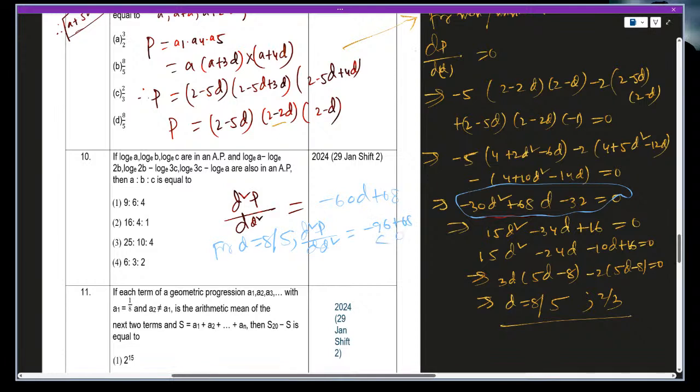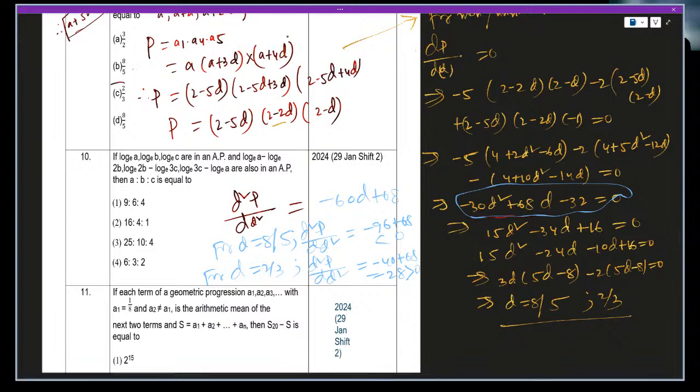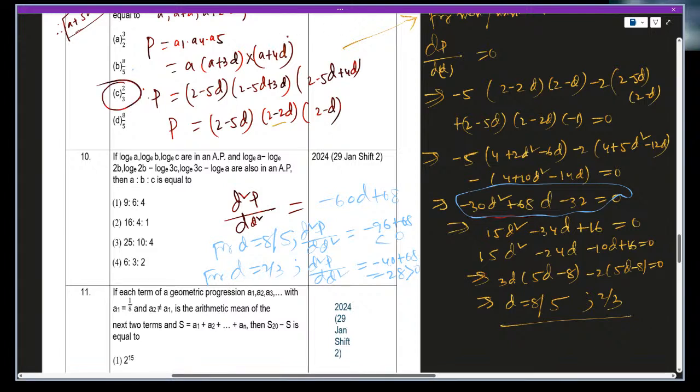It's coming less than 0. And for d equal to 2 by 3, minus 40 plus 68, this is more than 0. So which one is going to be correct? If second order is less than 0, then it will be maximum. If greater than 0, then it will be minimum. So the answer is 2 by 3. Okay? Understood?